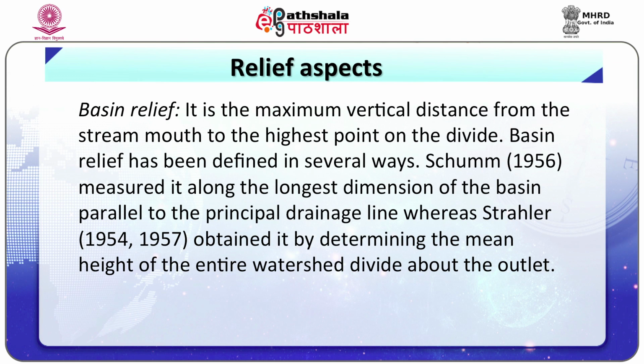The relief aspect. Basin relief. Basin relief is the maximum vertical distance from the stream mouth to the highest point on the divide. Basin relief has been defined in several ways: measured along the longest dimension of the basin parallel to the principal drainage line, whereas Strahler obtained it by determining the mean height of the entire watershed divide about the outlet.